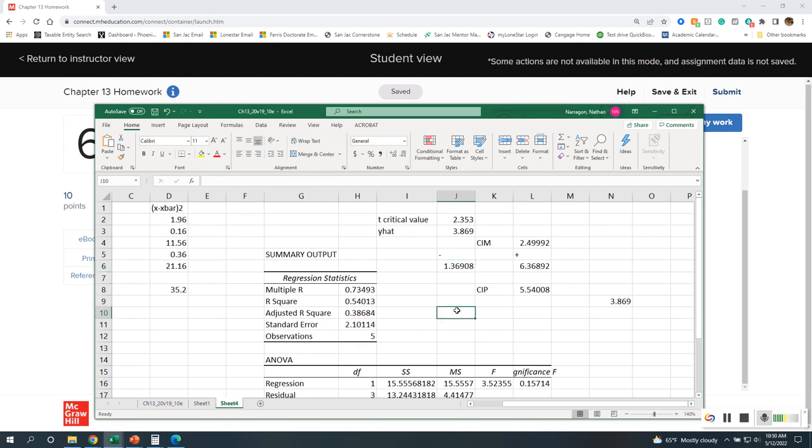And then it's the same thing. We'll have our negative, and our positive. So this is going to equal to y hat minus our prediction, and this is going to equal to our y hat plus our prediction.